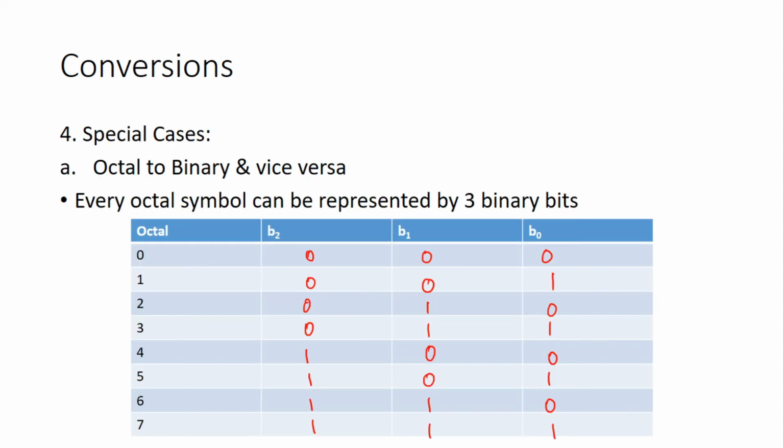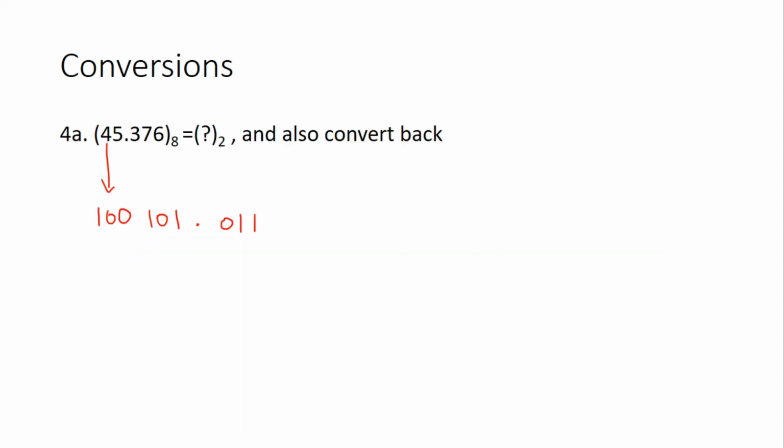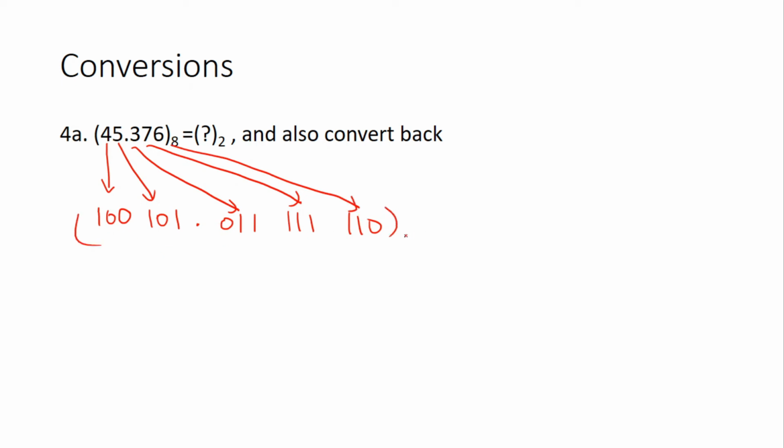For 7 we have 111, so 111. For 6 we have 110, so we have 110. So this is simply the representation in binary: 100101.011111110. Yeah, so this is how you quickly do that.